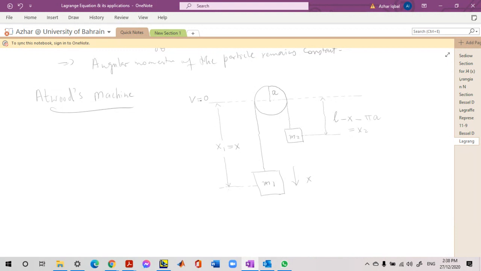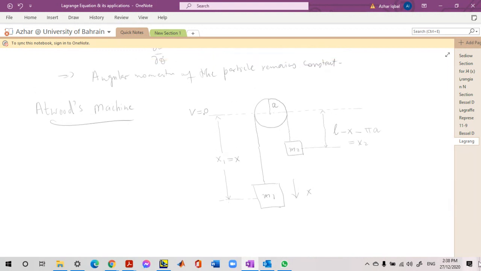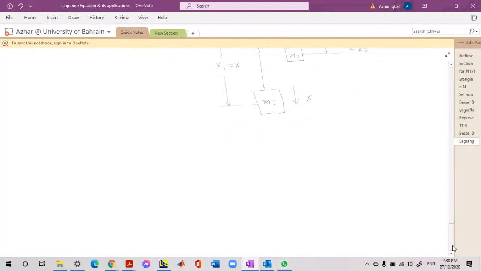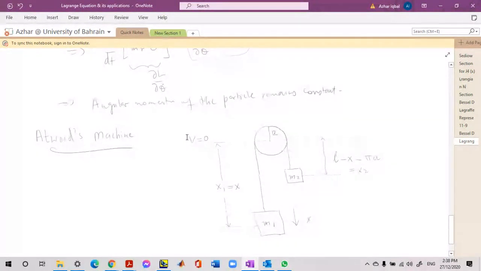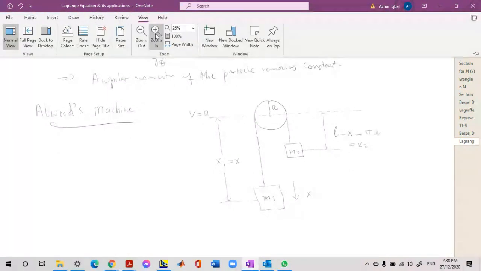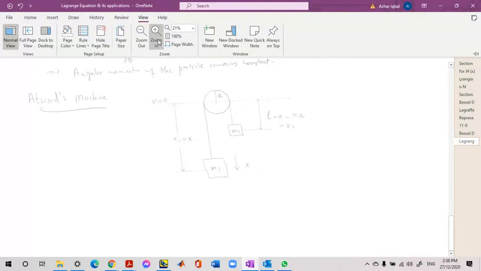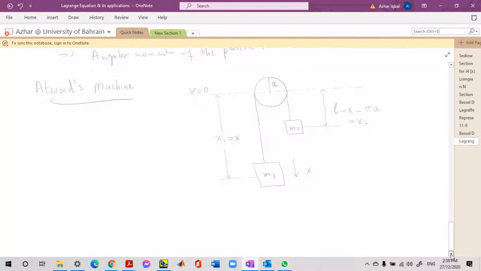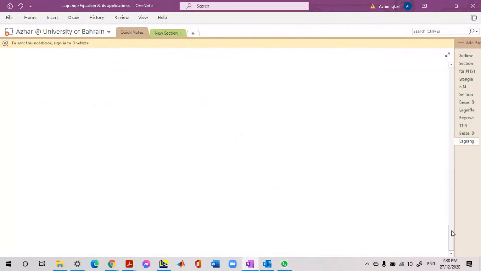Now what are the constraints on the movement of such a system? So let's look at the constraints.